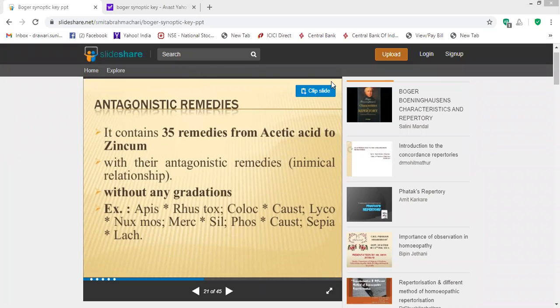It is like antidotal remedies, but it is a somewhat different concept.